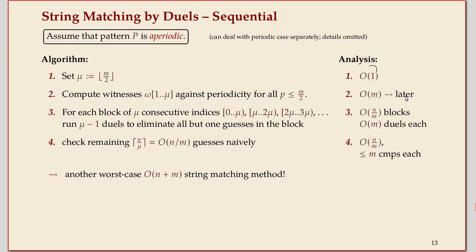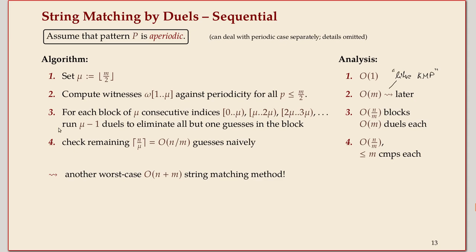We've already seen that periods are very related to those failure links, so it's probably not very surprising that you can use similar tricks to also compute those witnesses. Again, we won't go into details of this step 2. In a vague sense, you can say like KMP, but that's glossing over details.